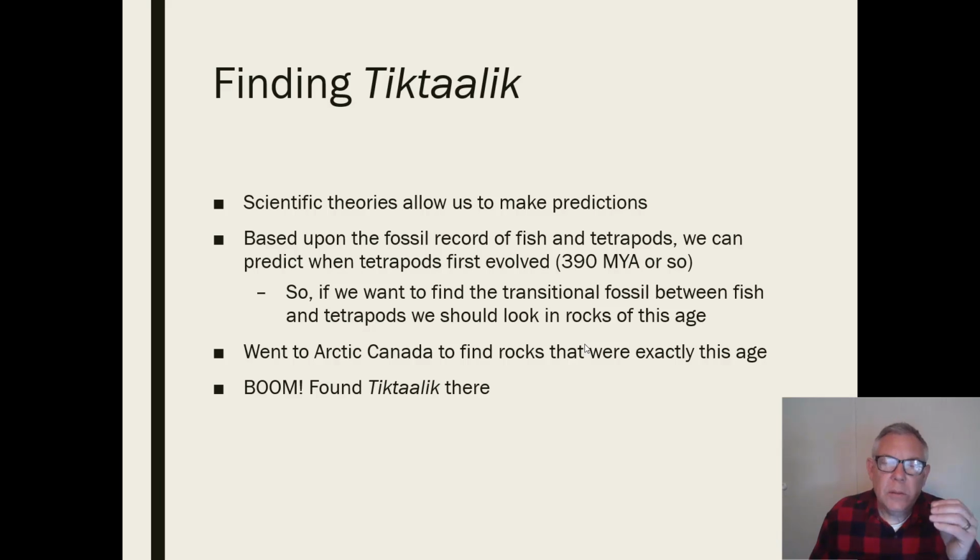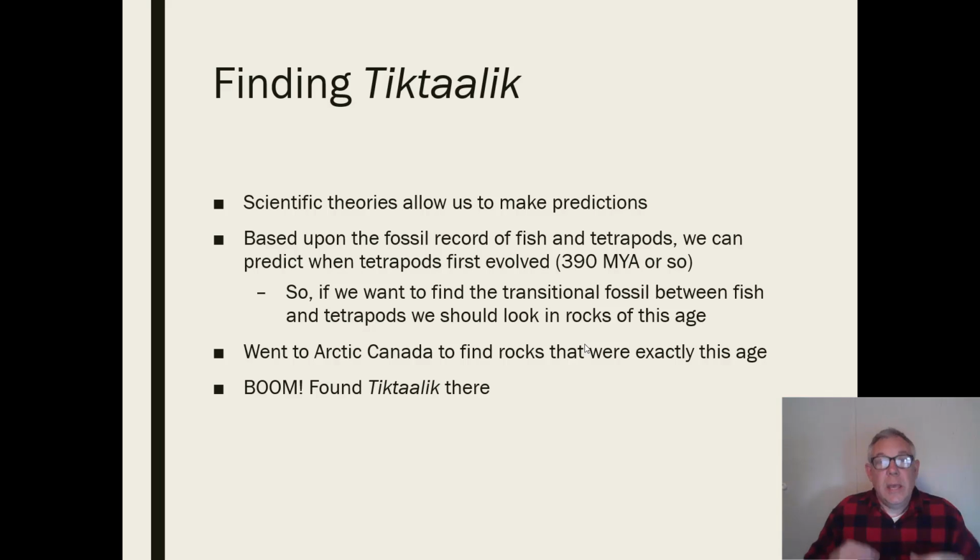And so when we looked at the fossil record of both fish and tetrapods, we could see that the earliest tetrapods first evolved about 390 million years ago, based upon existing fossils.